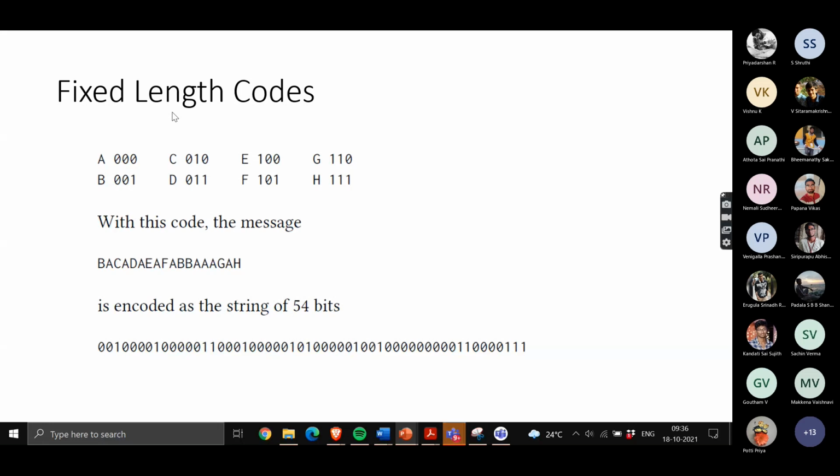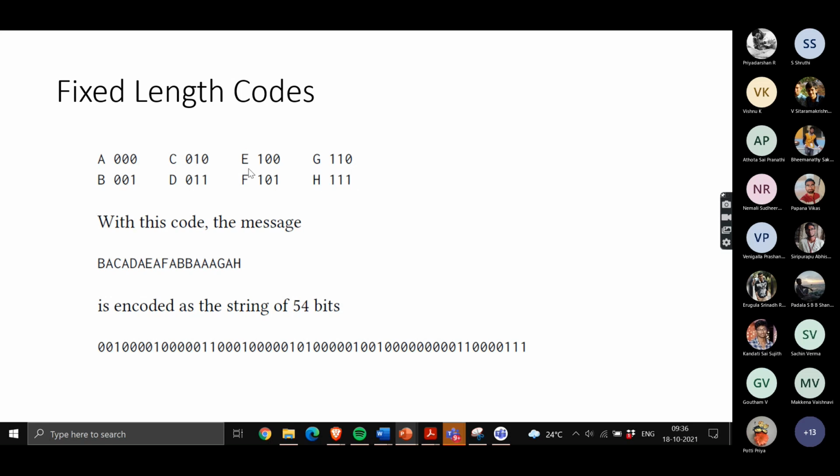In this example, A is represented as 000, B as 001, then 010, etc., and H as 111.